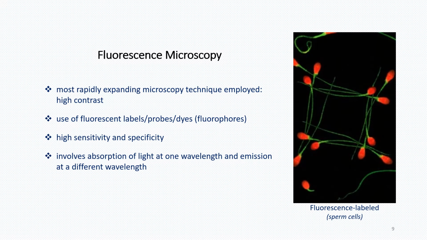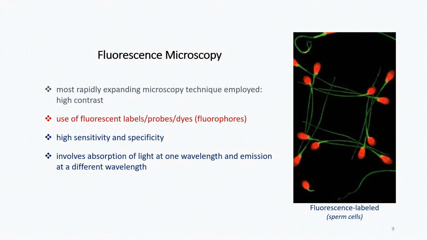The observation of fluorescence is the most rapidly expanding microscopy technique employed today, mainly because of the high contrast provided by this method. This has spurred the development of more sophisticated microscopes and a number of fluorescence accessories.